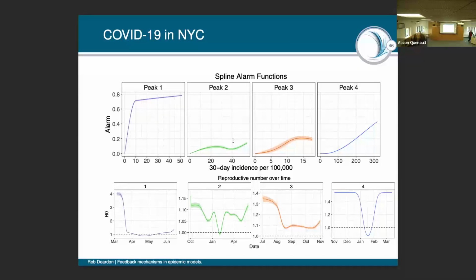It's obviously the natural thing you would expect, but we've got a single alarm function that's trying to describe the behavior of the whole population. So different subpopulations may be acting differently, and they may be acting differently at different times. There may have been a feeling at this point that things are getting better, and then, oh no, they're not. Maybe, I don't know. It could be related to environmental stuff.